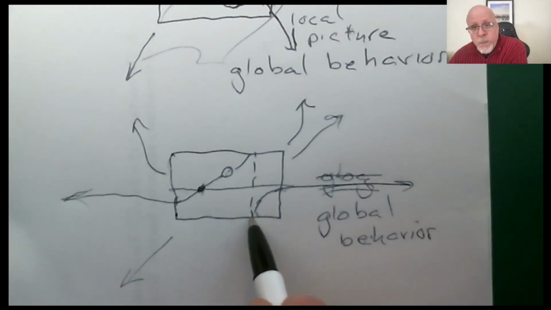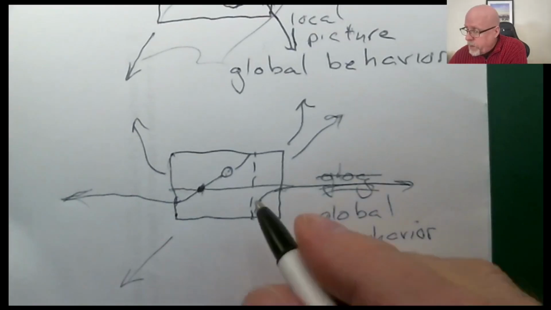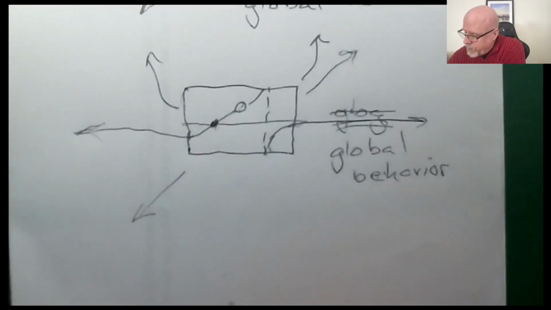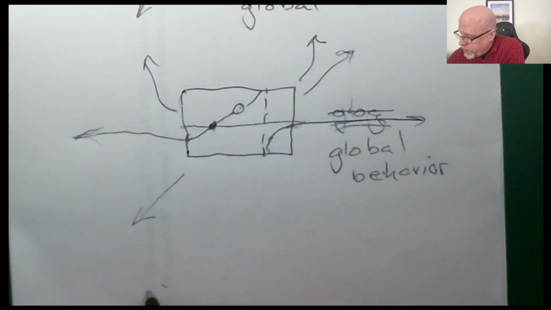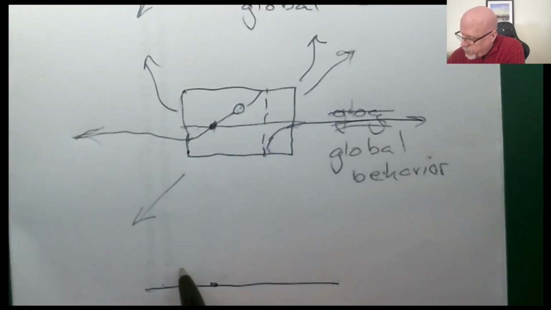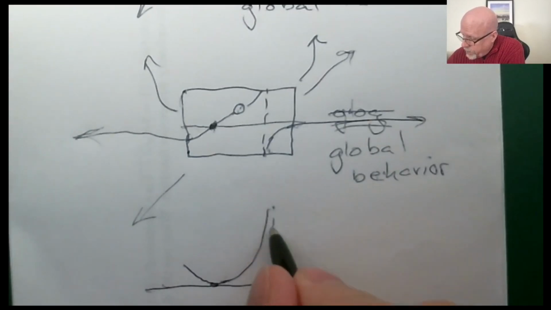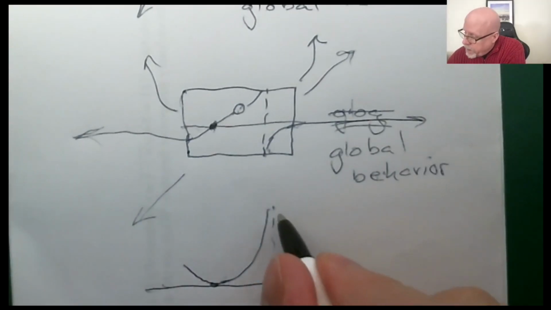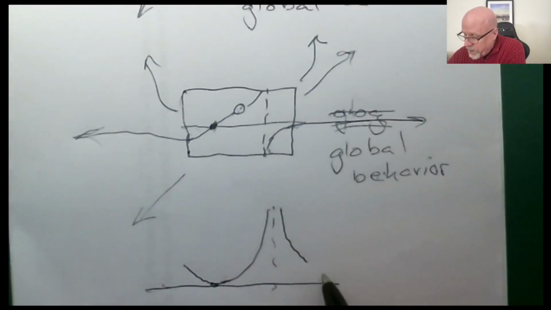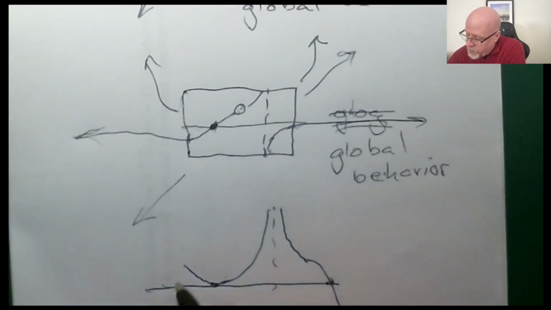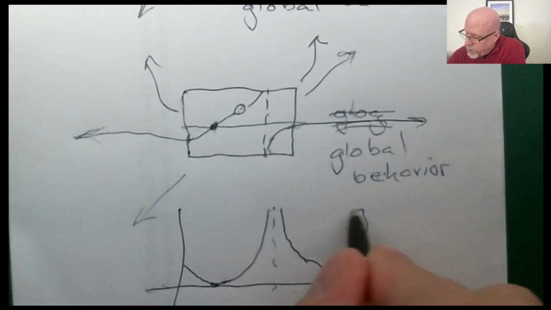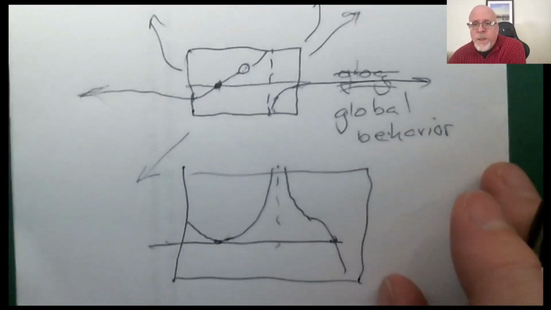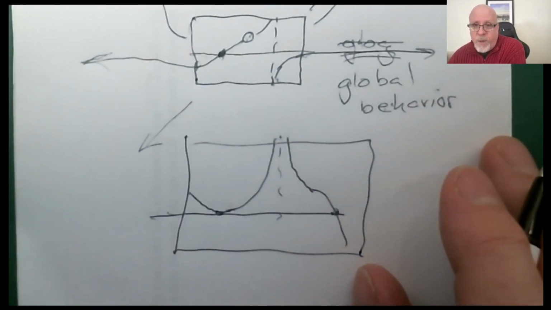The asymptotes can behave that way too. You may have a graph where, let me just try to give you an example of that. You could have a graph with a double zero and also a double asymptote. It goes up to that vertical line, and it comes down from that vertical line. And then maybe it has a regular zero, who knows. So there's a local picture of something with some pretty funky behavior.